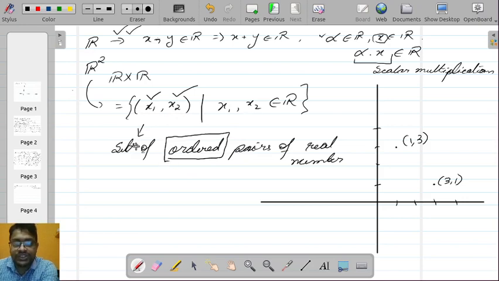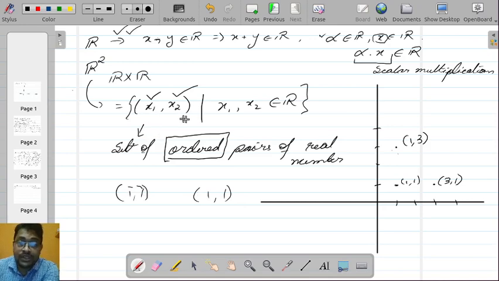You cannot change the order of these entries or the coordinates. If you change the order of the coordinates, the point actually changes, except for the case when the coordinates are equal. Say 1 1, if you change this one and this one, it remains the same. So that's not a problem.